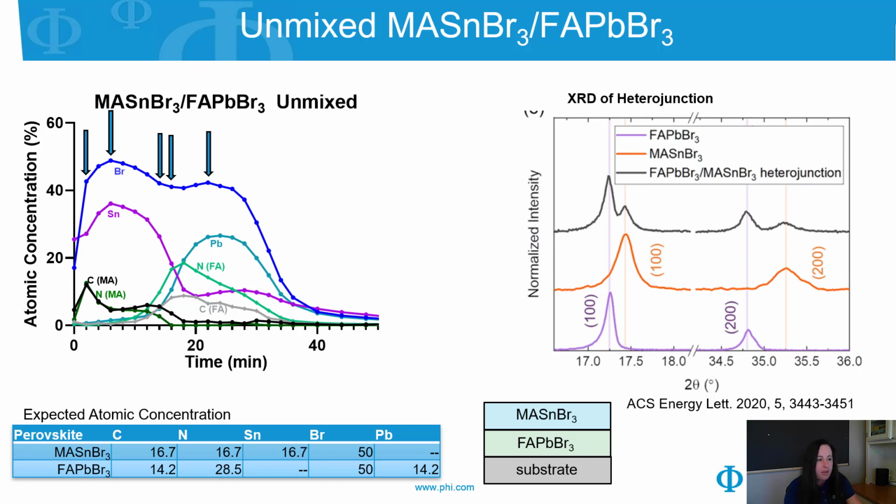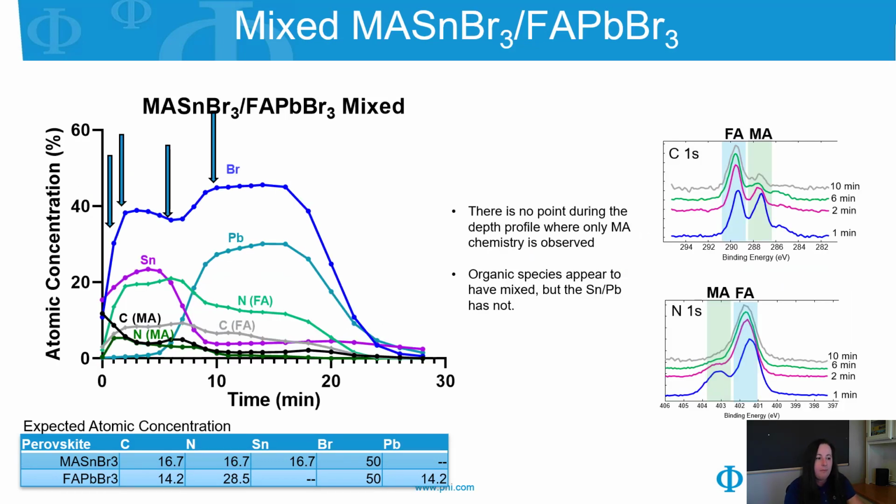So the final sample that I'm going to show is the mixed sample. So in this one, what we see, again, I've selected just a few points along the depth profile to show the carbon and nitrogen spectra of. So we see the tin concentration go up, down, followed by an increase in the lead concentration that then drops off as we go into the substrate.